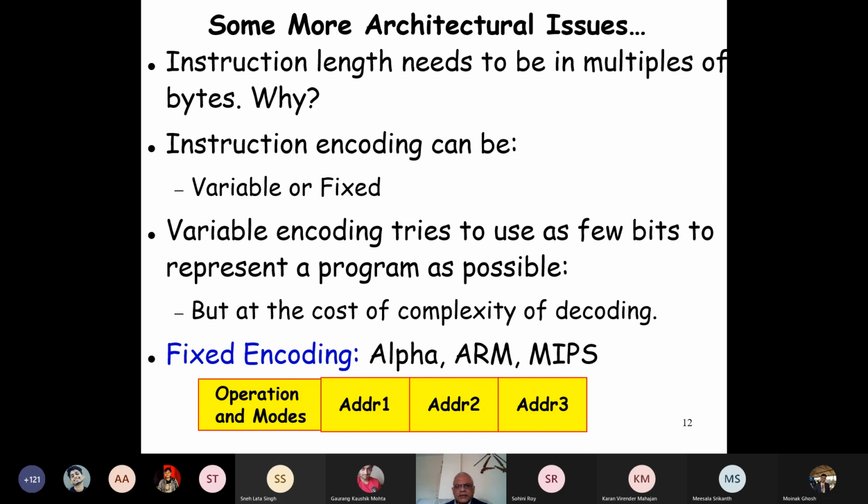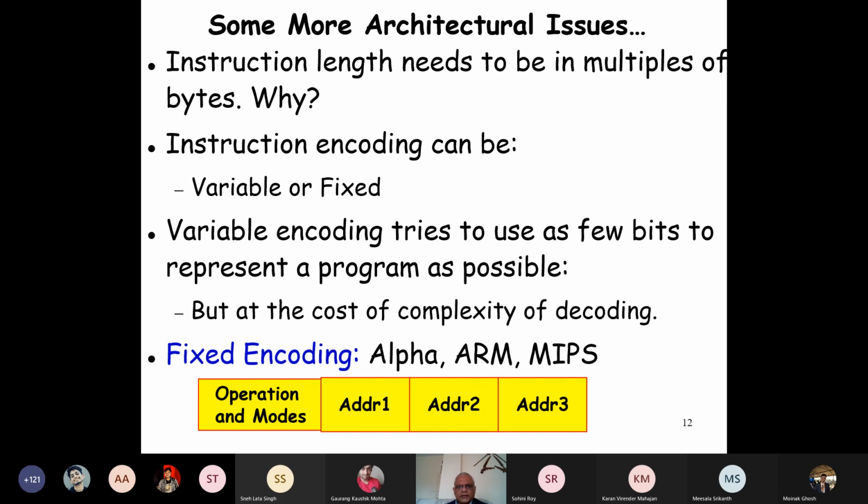Variable encoding, as the name says, varies from one instruction type to another. The fixed encoding, which is used in modern computers, means the size of all instructions is the same.